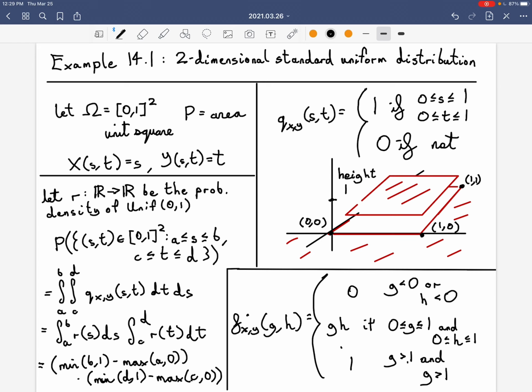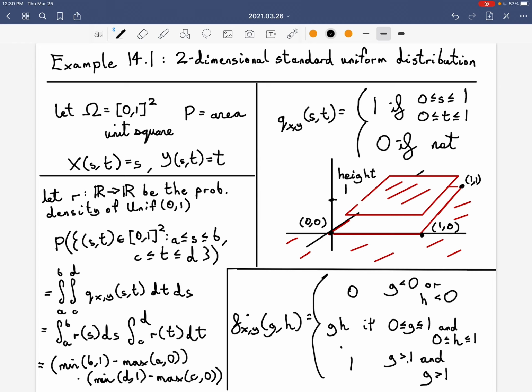And we can think that what we're doing with this random variable is picking a random point in a square. So the one-dimensional standard uniform distribution was picking a random point on a stick of length 1. We can think that maybe we have like a table with side length 1 in the shape of a square, and we're picking a random point on the surface of this table.